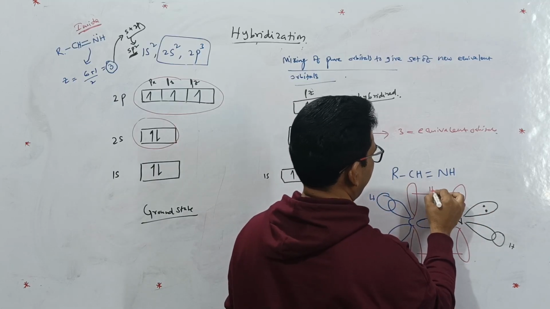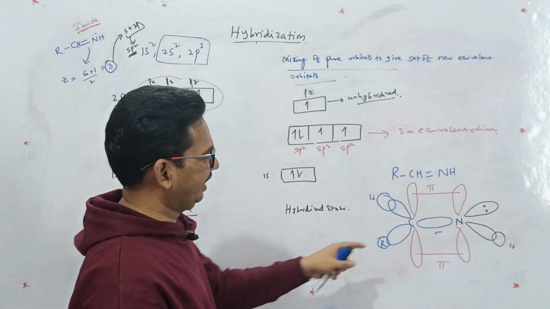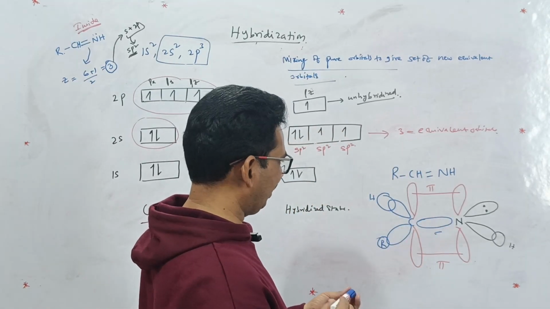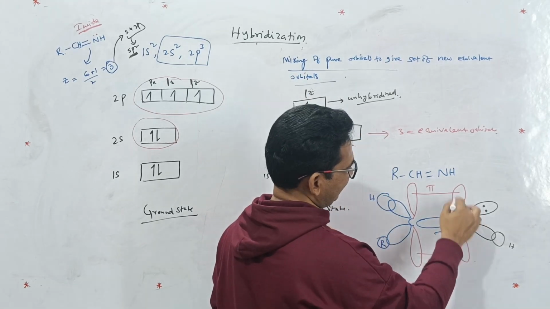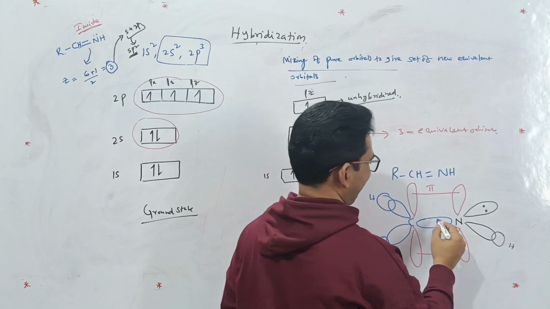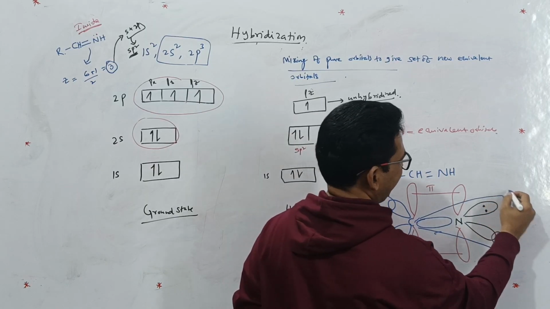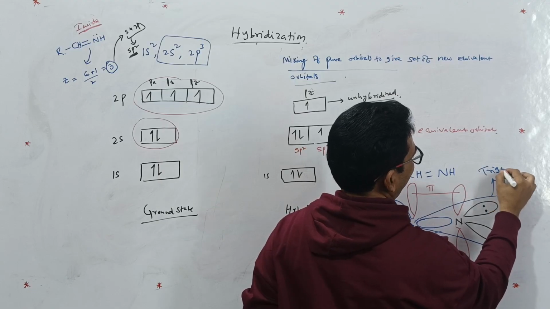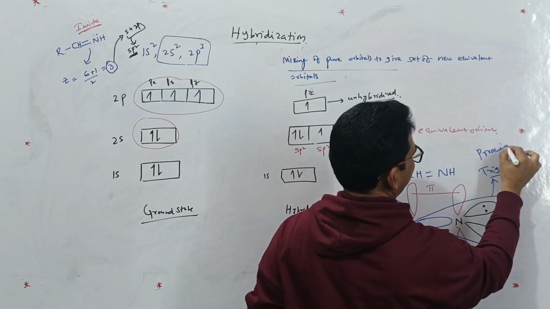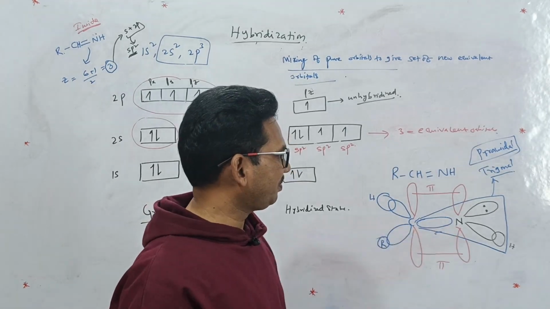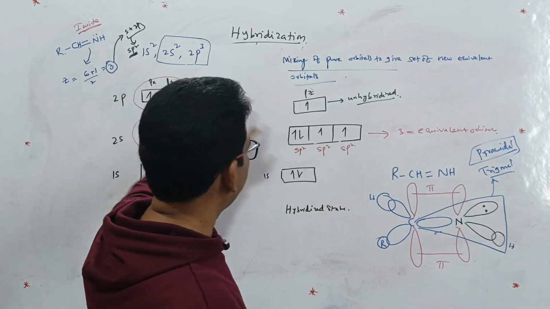Side to side overlap: half of the pi bond is on the upper side, half is on the down side. Like this we can write the structure. Now see what shape it has. I told you that when you are drawing the shape, don't consider this unhybridized orbital. I am considering only this. It gets a trigonal shape, also called the pyramidal shape. Okay, this is about the sp2 hybridization of nitrogen, which is possible when it has the double bond.